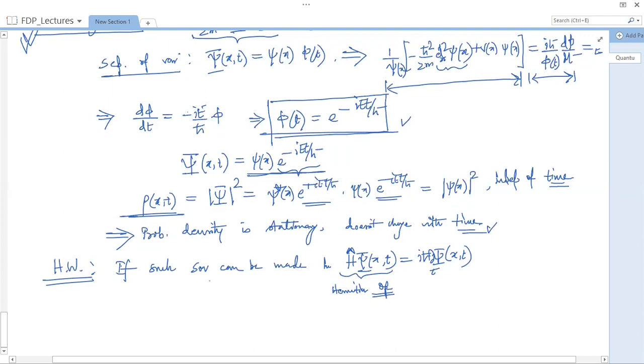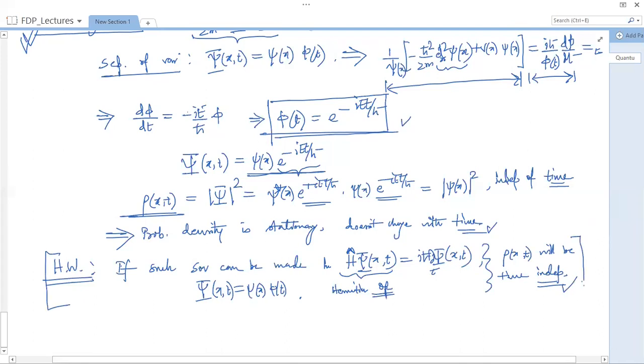If you can do this separation of variable, then rho of x,t will be time independent. You can easily check that. That's why it's called the stationary states.